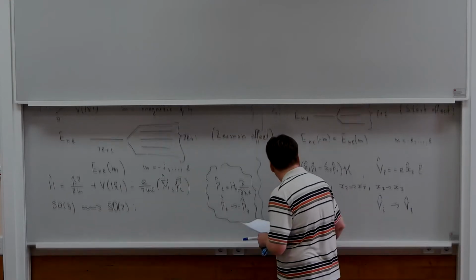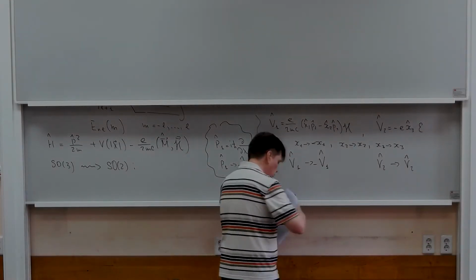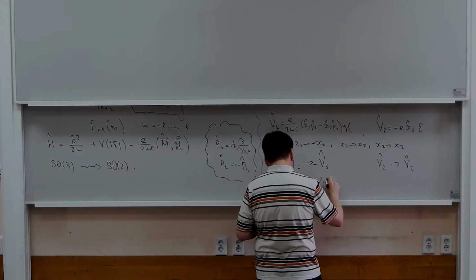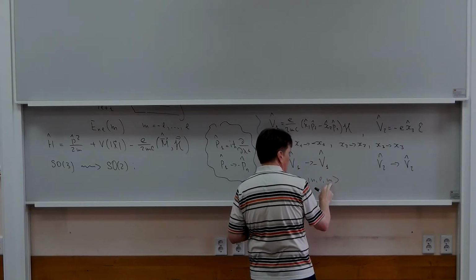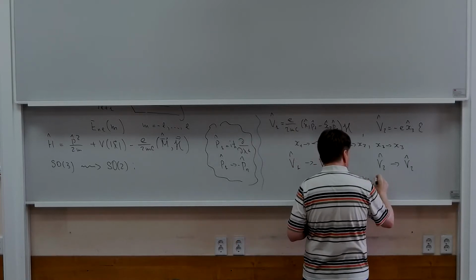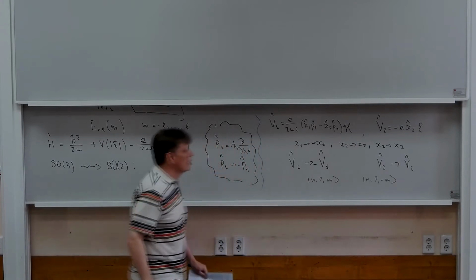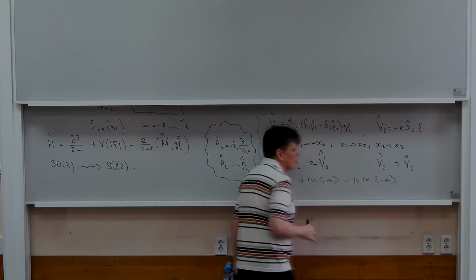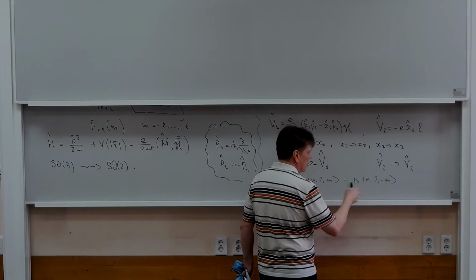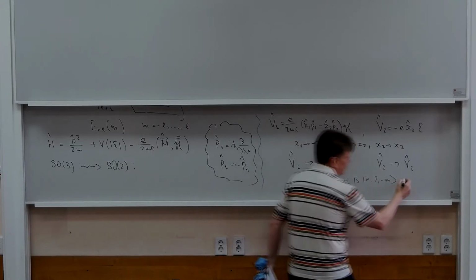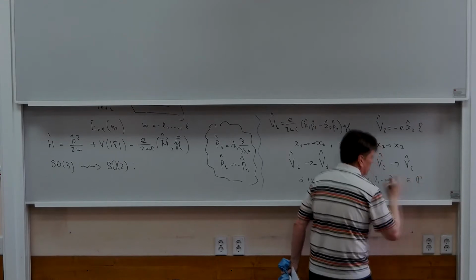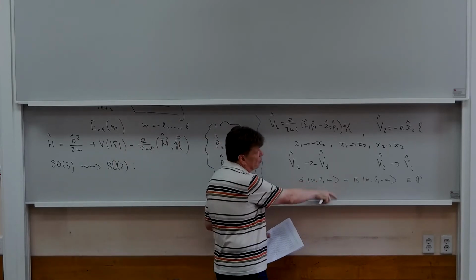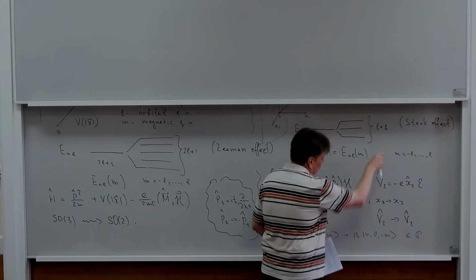Because here we can consider the pair of states with opposite magnetic numbers, and the various linear combinations of these states span a two-dimensional complex space, which is the space of an irreducible representation of the orthogonal group O2.